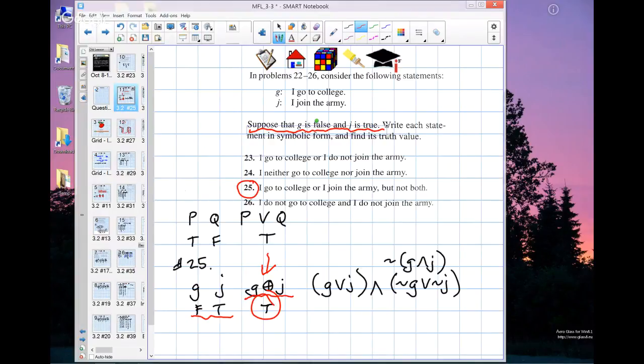Now, I'm not going to do it, but this over here is what you would have had to do if you didn't know about the exclusive or. You'd have to say, all right, well, first do the inclusive or, G or J, and then you've got to do not both of them. And that can be written either this way or this way.